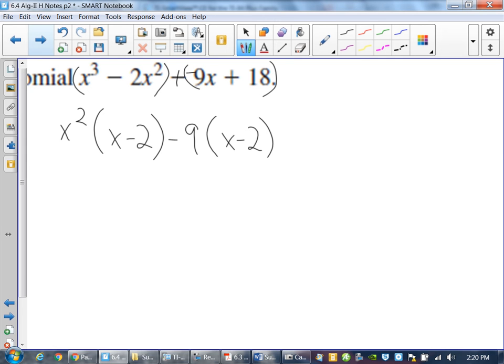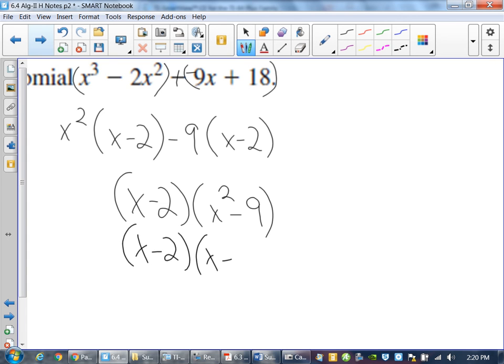Write it down. And you're left with x squared minus 9. Can I go further? Yes. What do you get? X equals plus or minus 3. Oh, did you see an equal sign? If it's just factor, you don't see an equal sign. If you see an equal sign, then it'll say find the zeros.